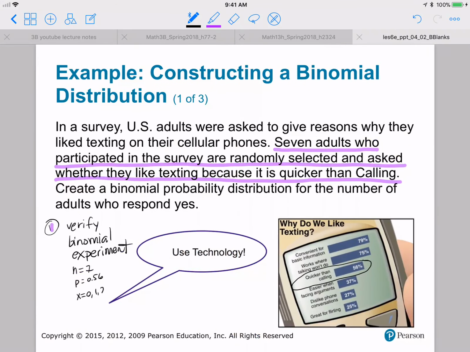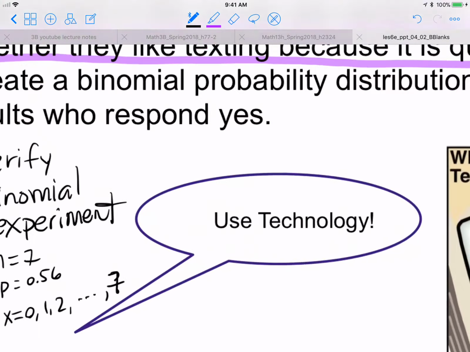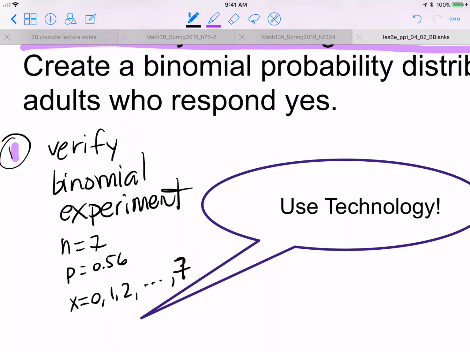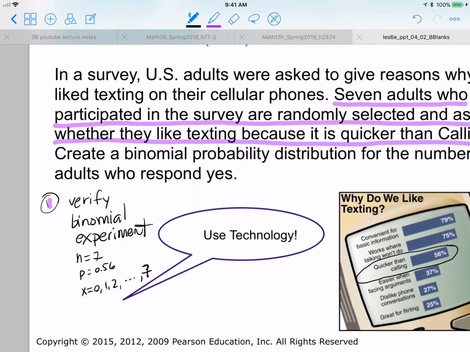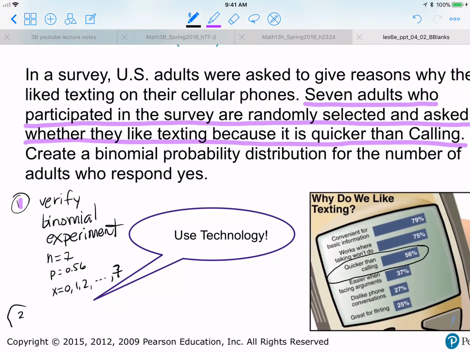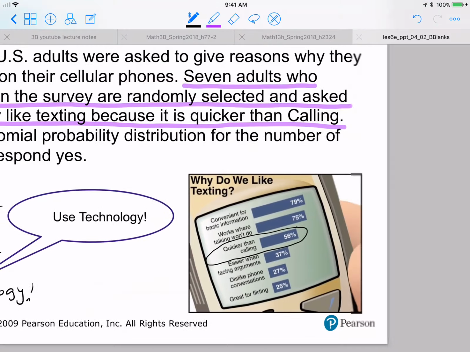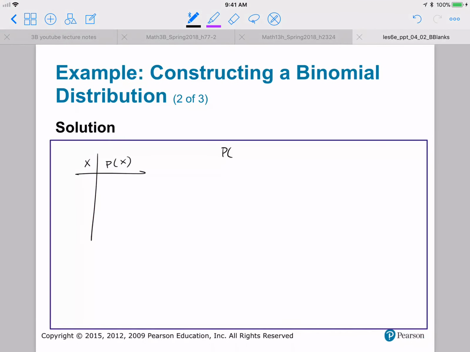X can be 0, 1, 2, any number up to 7, right? So X can be any number from 0 up to 7. We are at stage 2, which is using technology. Okay, so our probability distribution, we can write it on its side. We don't have to write it up and down. So we have X, and here's going to be P of X.